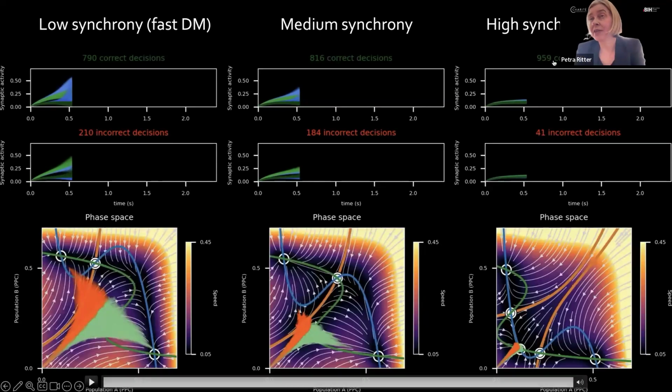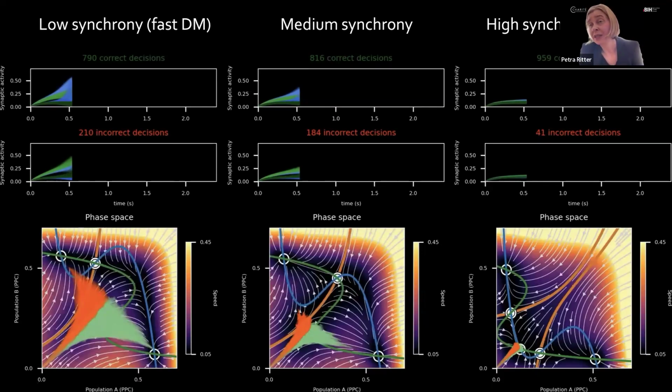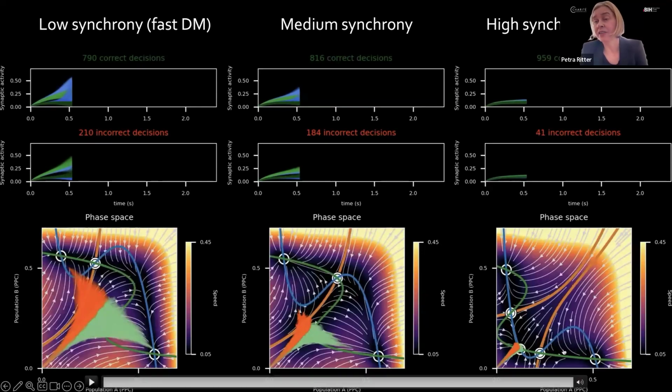If you look here in the high synchronicity or high functional connectivity scenario, we see that the configuration in the phase space is different. Again, it is spanned by population A and population B in the posterior parietal cortex.